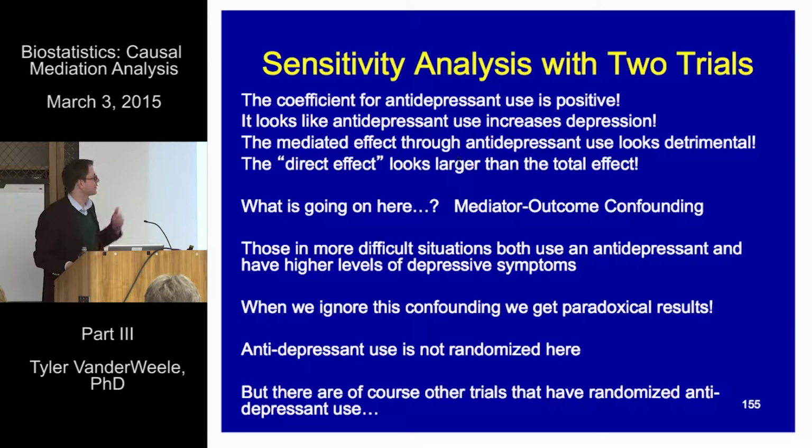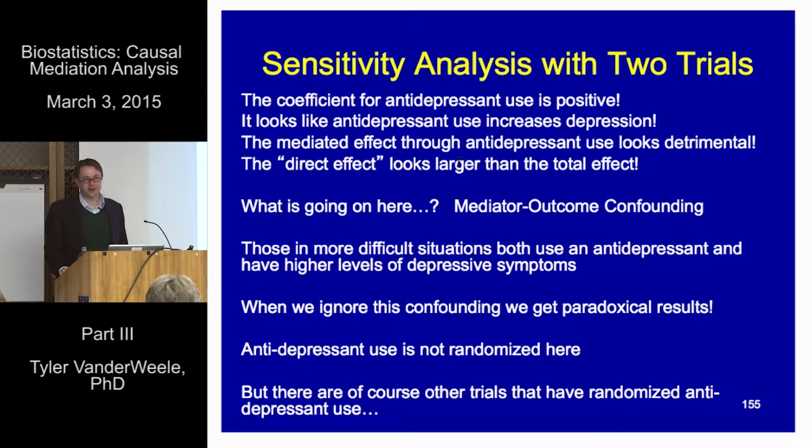What's going on? Probably, again, mediator outcome confounding here. We've not randomized antidepressant use. And probably those in more difficult situations, loss of loved ones, relational troubles, are going to both have higher levels of depressive symptoms and are more likely to use an antidepressant. So we get the direction of the effect of antidepressant use wrong.